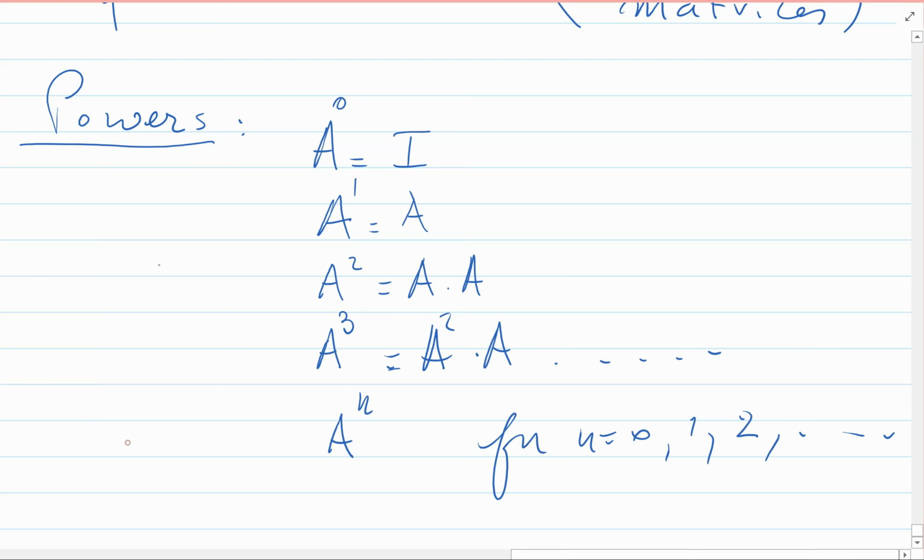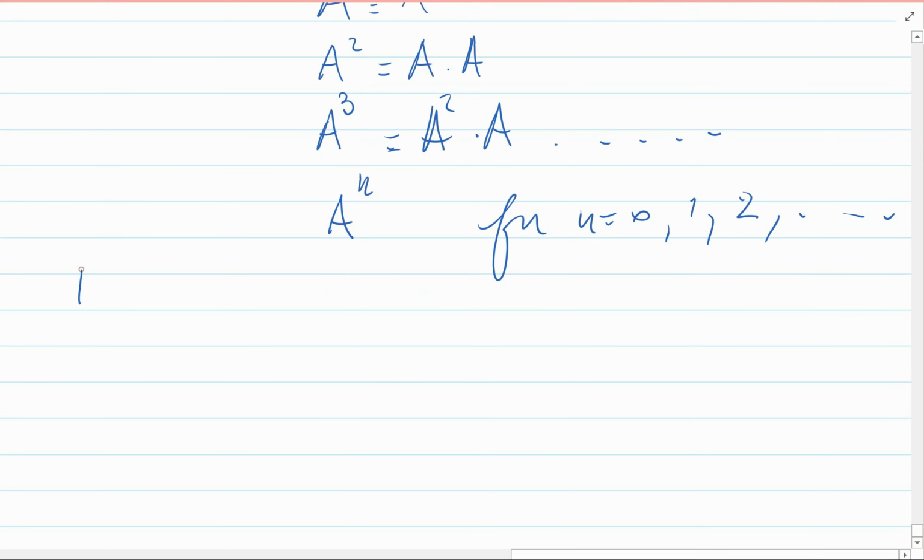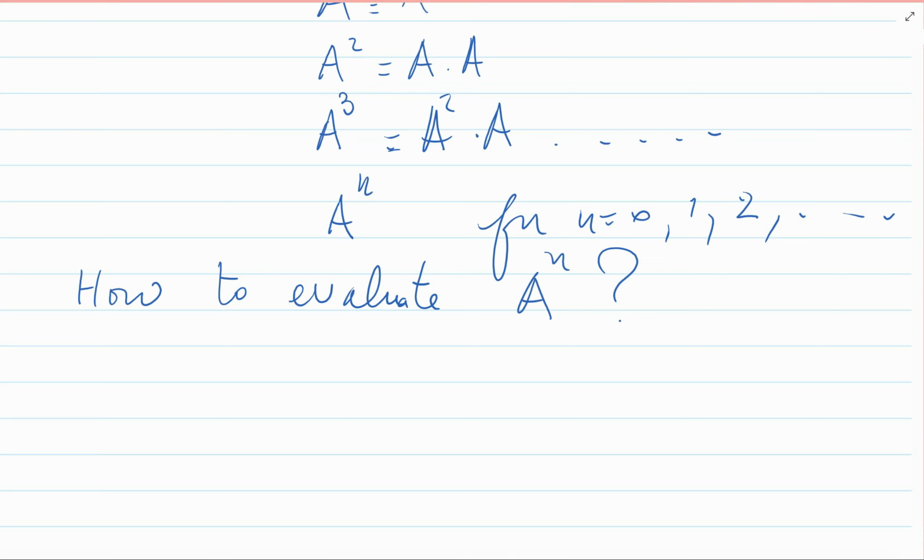The problem is how to evaluate A to the power n. In general, this is an extremely hard problem. And there are examples where you need to evaluate A to the power n. For example, if you want to define something called the functional theory of matrices, like what about the exponential of a matrix? Can we define ln of a matrix, sine of a matrix, cosine of a matrix?